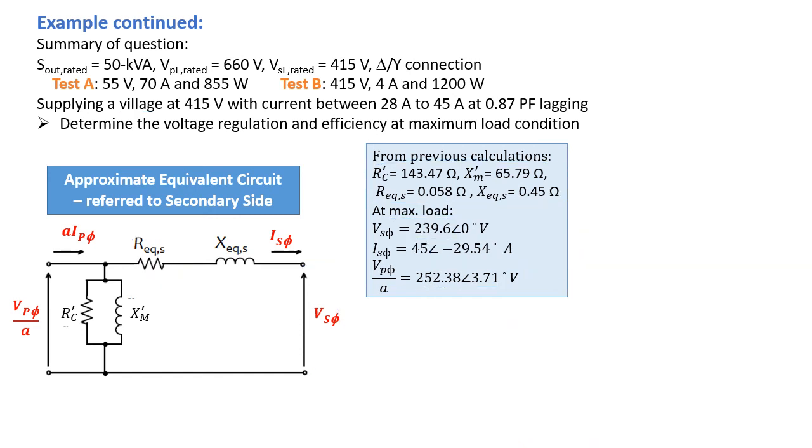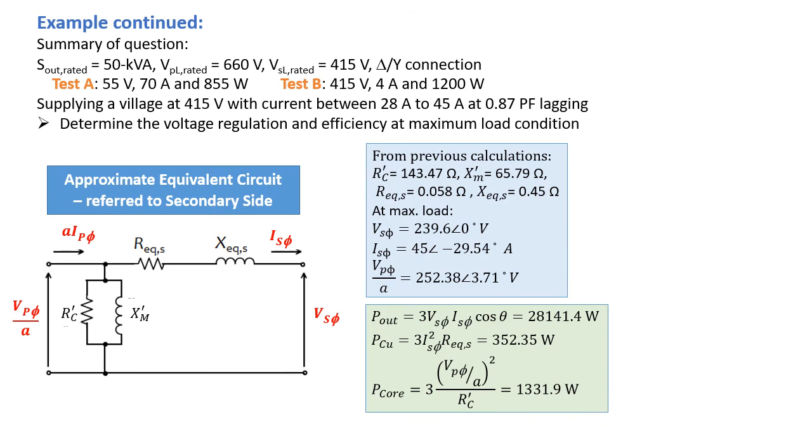So now the efficiency of the transformer can be calculated using the formula. Efficiency is P out over P out plus PCU plus P core, and we always write the efficiency as a percentage.